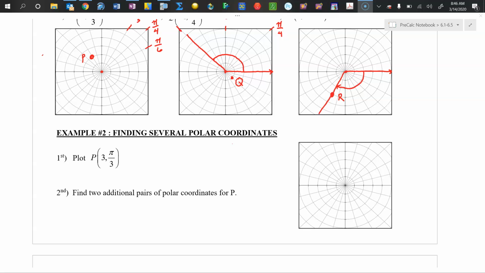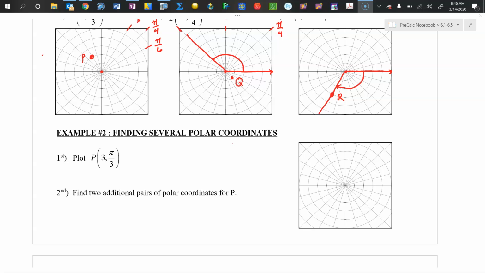One notable difference between polar coordinate systems and rectangular coordinate systems is that we can specify a point P, for example, in a polar coordinate system using an infinite number of directed distances and directed angles. I'd like to illustrate a few of those with you right now. In our example, we're going to plot the point P, which has a directed distance of 3 and a directed angle of pi over 3.